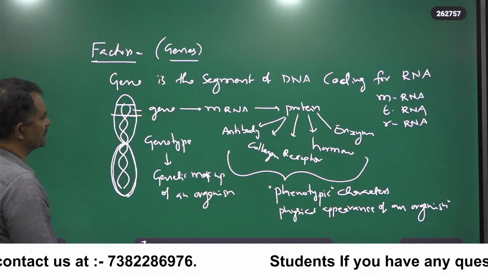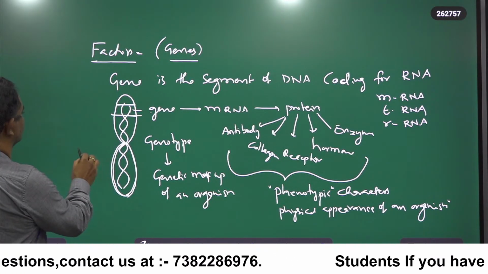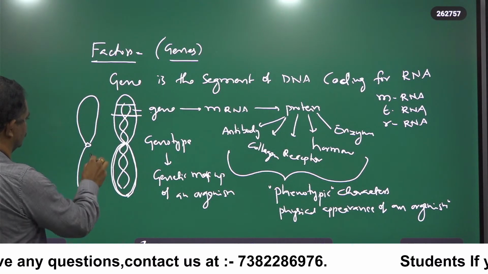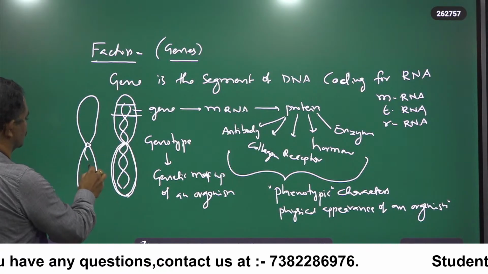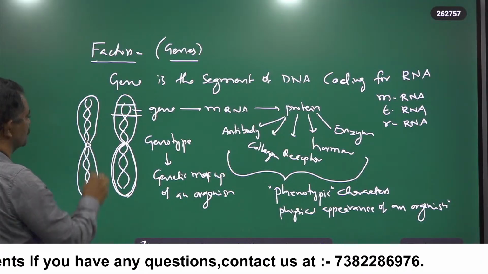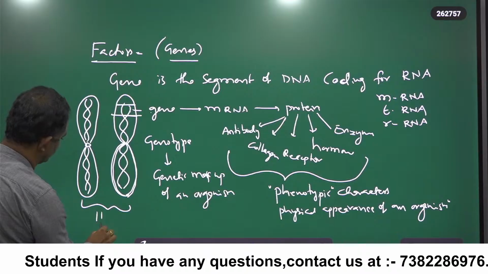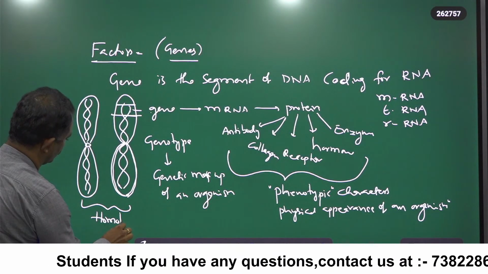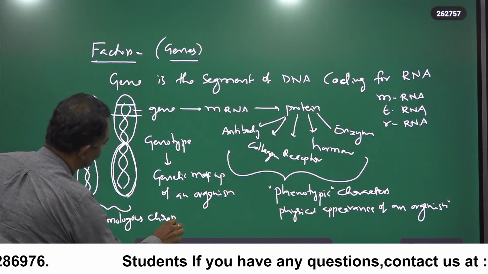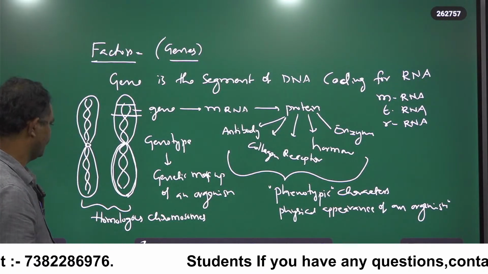What is the location of a gene? Location of a gene is locus. It is on another chromosome. These two are homologous chromosomes.